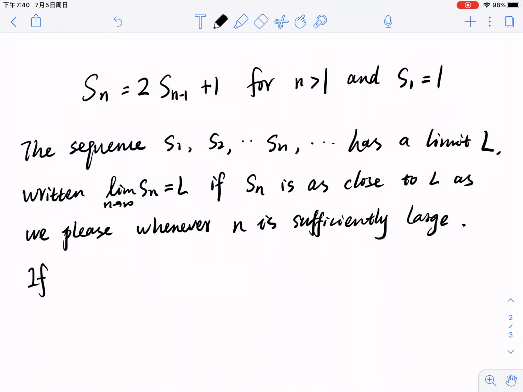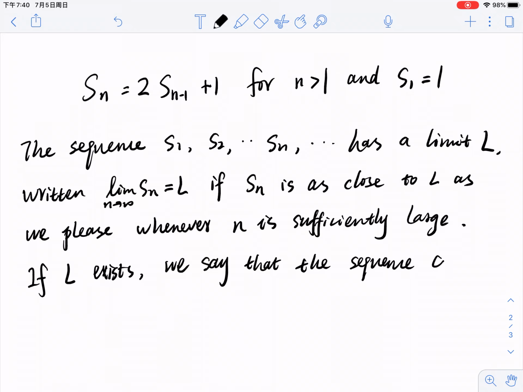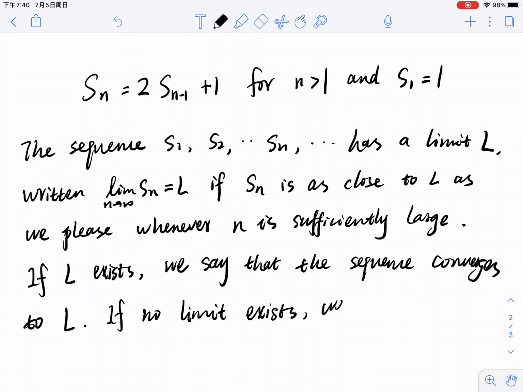So if a limit L exists, we say that the sequence converges to its limit L. If no limit exists, we say the sequence diverges.